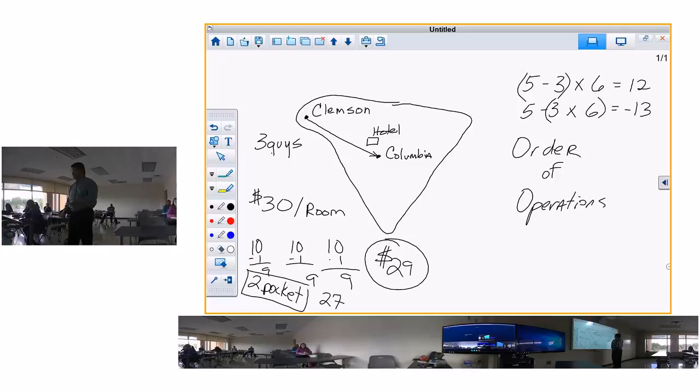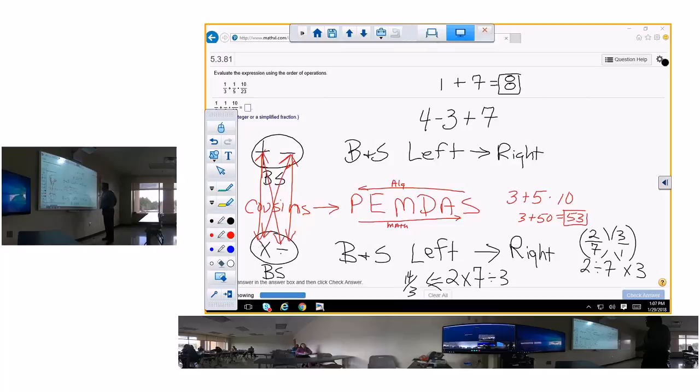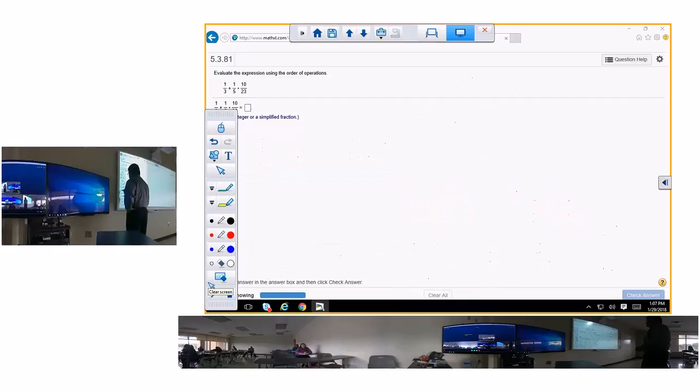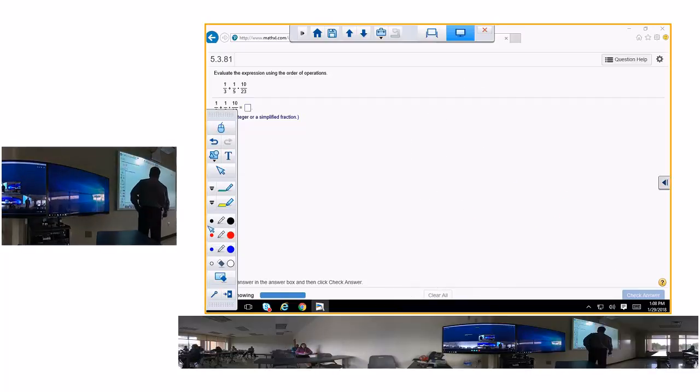Now that's 5.2 basically. So let's go back to our handy dandy question. Capiche? Do you understand? Okay. So let's go back to this question. And now we know if we can do parentheses or what?